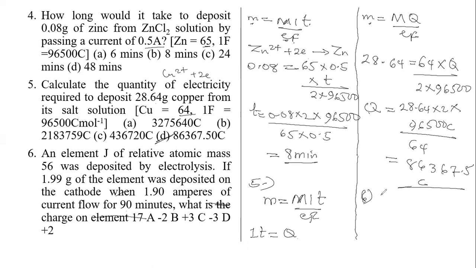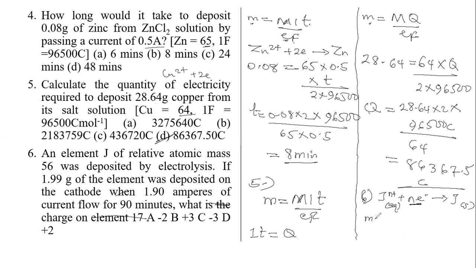So you know that J, we don't know the charge on J, so J plus n electrons will give us J solid. This is J aqueous. So therefore, this E is the unknown.